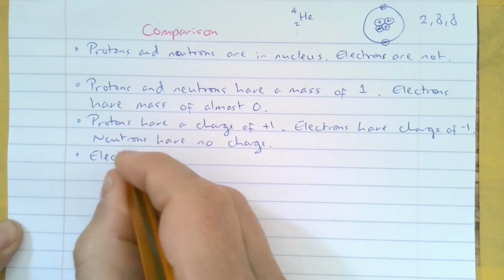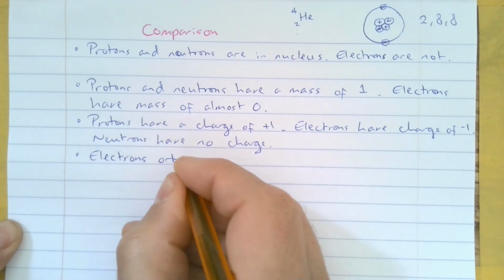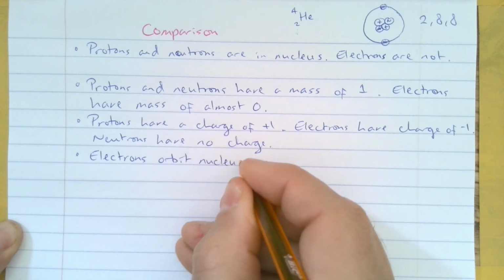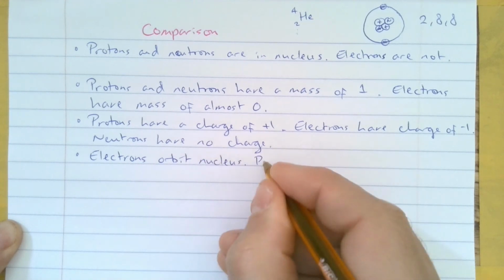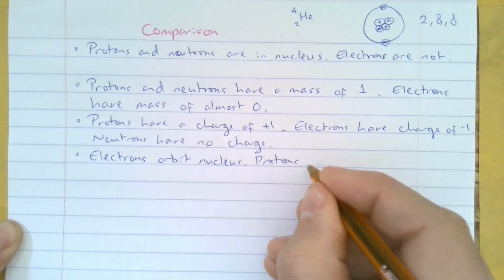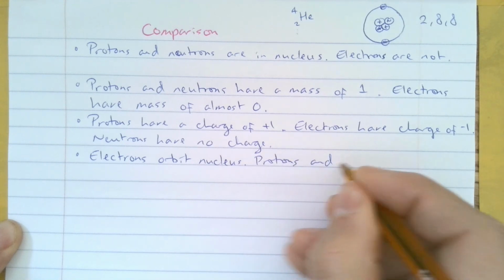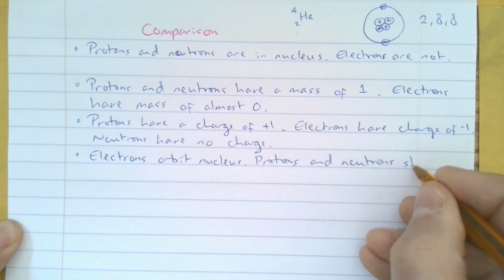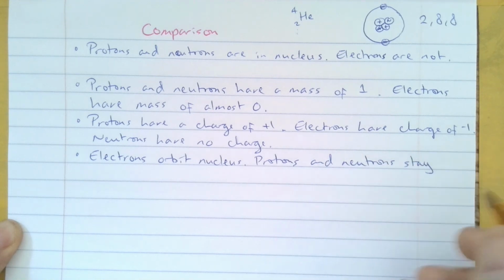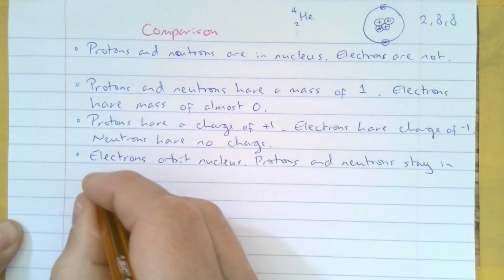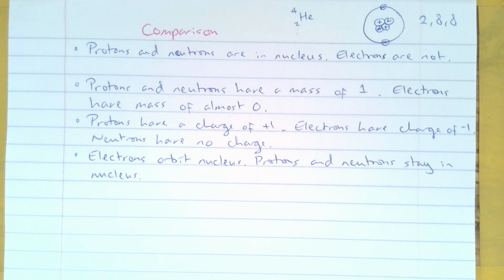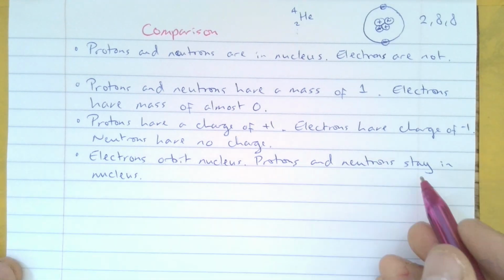So electrons orbit the nucleus, protons and neutrons stay in the nucleus. Okay, so I've got the idea that orbit suggests movement, whereas staying in the nucleus suggests no movement.